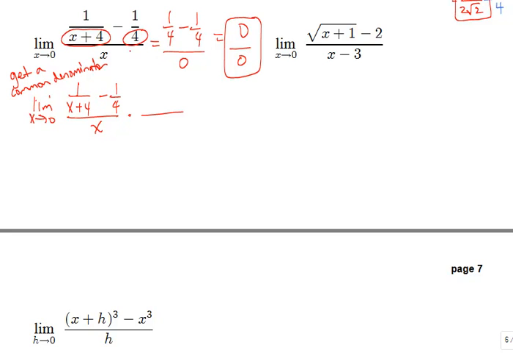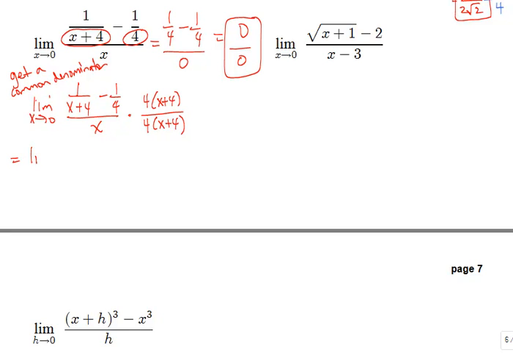So your common denominator needs to be these two multiplied together. So you need a 4 and you need an x plus 4. And to keep it balanced and equivalent, I'm going to multiply by that in the denominator as well. Okay, so we're multiplying top and bottom by 4 times x plus 4.